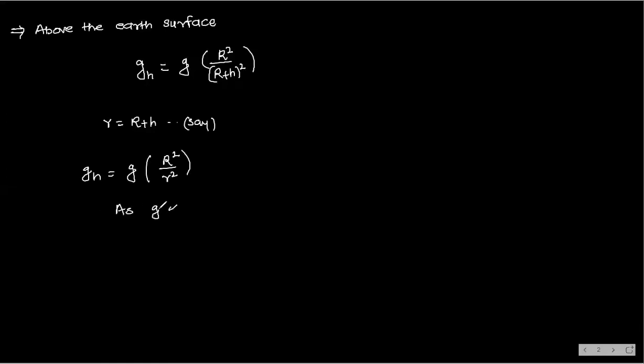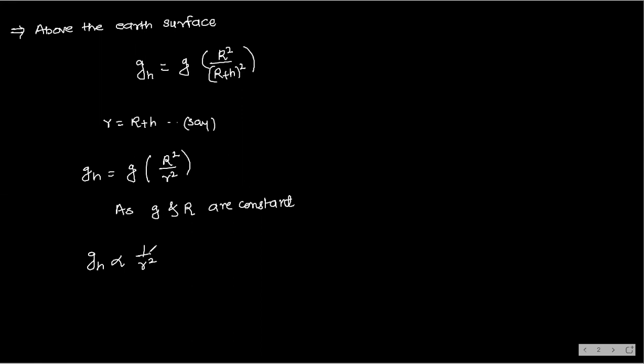Small g and capital R are constant. Can I write like this? GH is inversely proportional to R square. Yes or no? Clear?